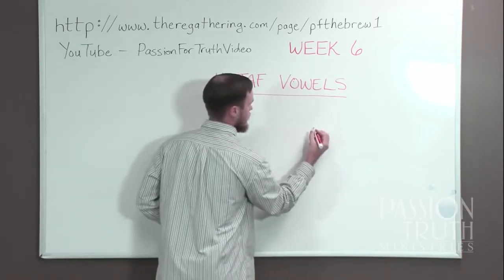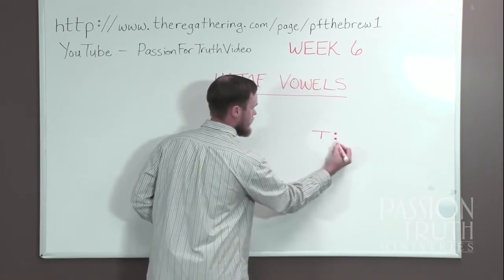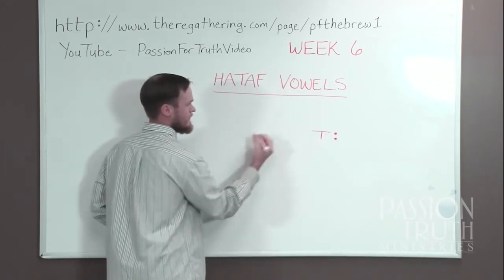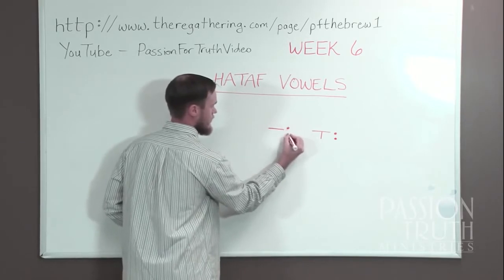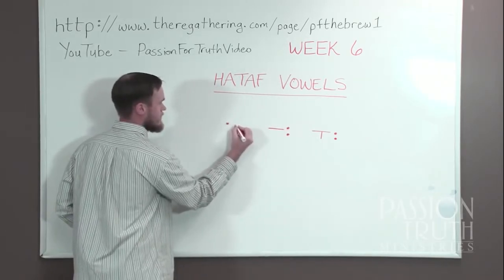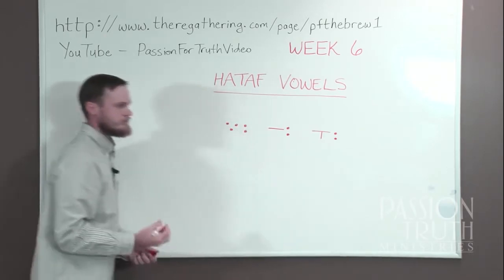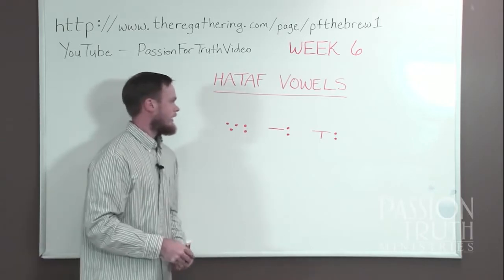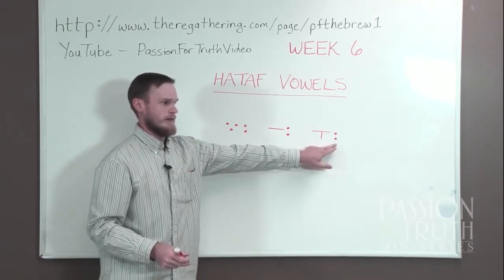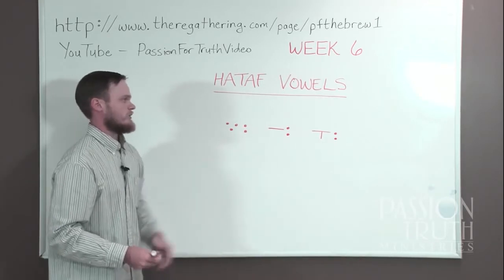So this is a chataf kametz. This is a chataf patach. And this is a chataf segel. It looks just like a kametz with a shva next to it, a patach with a shva next to it, and a segel with a shva next to it.